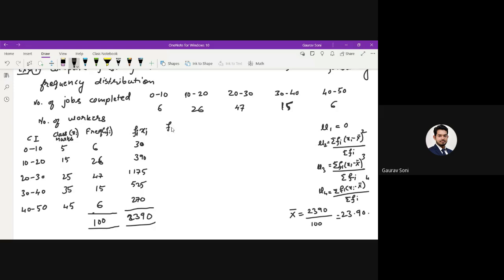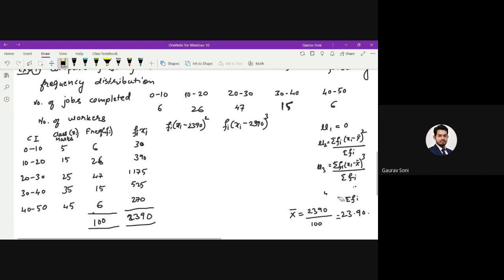Fi xi minus 23.90 square. We don't need mu1 because it is already 0. Next one, fi xi minus 23.90 cube.